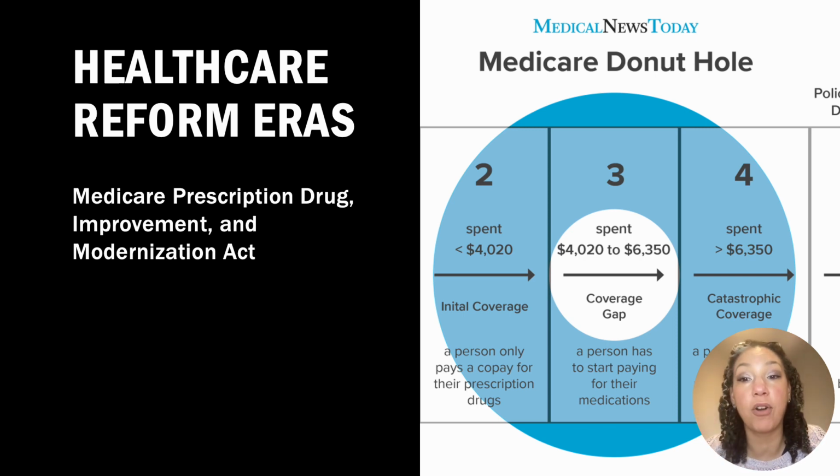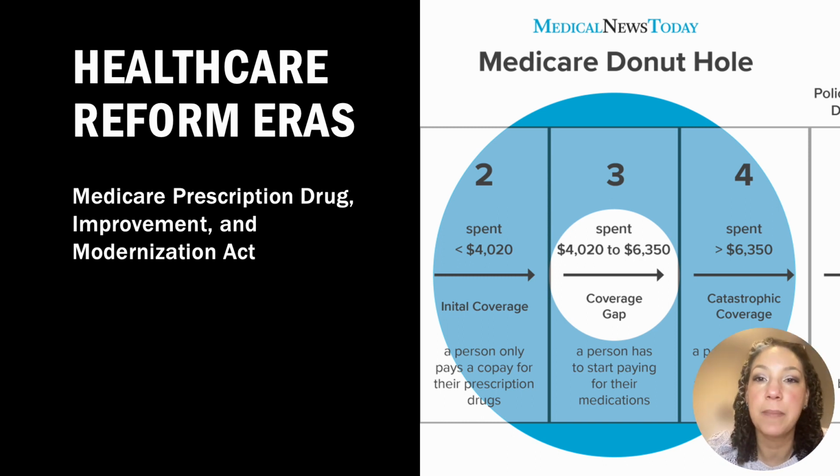And then once you got over $6,350, they considered that catastrophic coverage and everything was paid for. The problem with this is most people are hitting that donut hole late in the year and they're stuck in the hole, right? So it's not exactly the best way of cost sharing for prescription drugs.